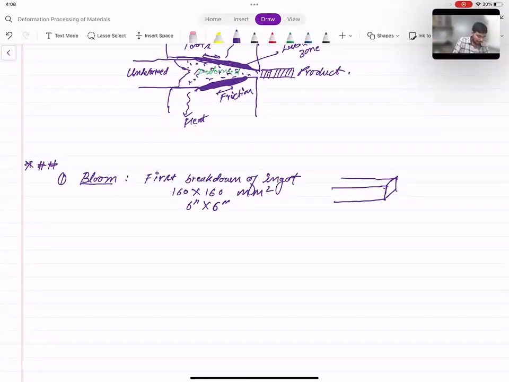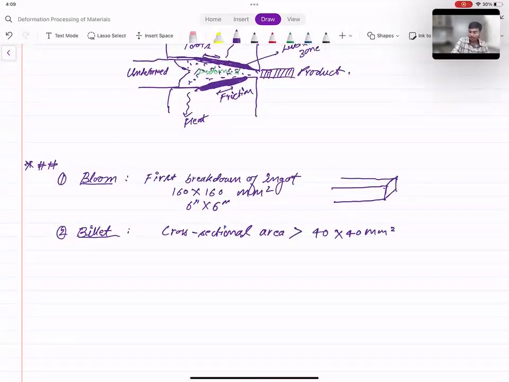Now the next one is a billet. Billet has a cross-section which is less in dimension as compared to bloom, and it has a cross-sectional area which is generally greater than 40 mm by 40 mm.